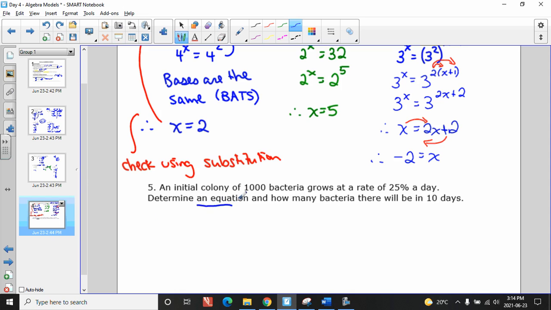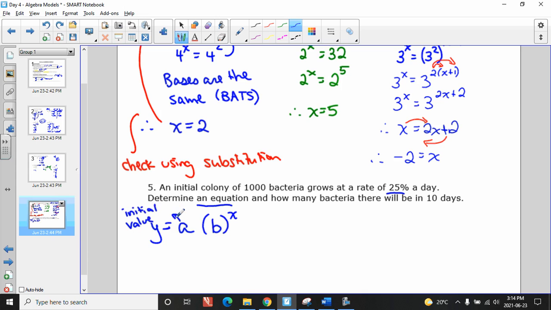This is exponential growth because it's growing not by doubling each day, or by adding 2 each day, but by a multiplier, 25%. So the exponential general formula looks like a multiplier in front of a power: some base raised to an exponent, and the multiplier in the front is your initial value, or starting value.